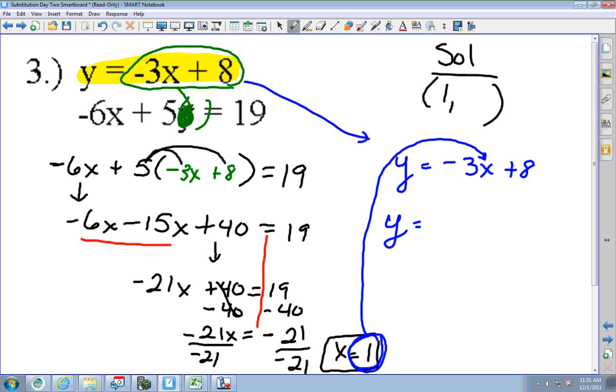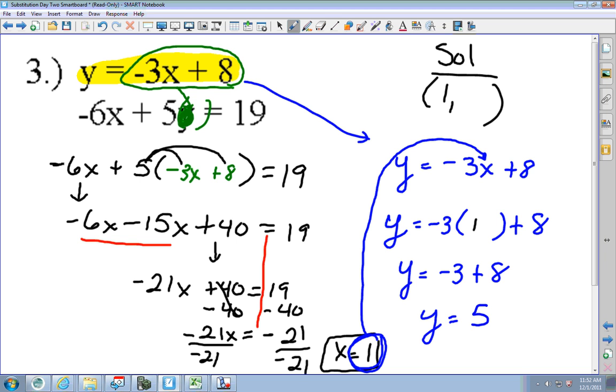Y equals negative 3 times 1, plus 3, or I'm sorry, not plus 3, plus 8. What is negative 3 times 1? Negative 3. Bring down the plus 8. Negative 3 plus 8 is 5. My solution is 1, 5. This is where the two lines intersect.